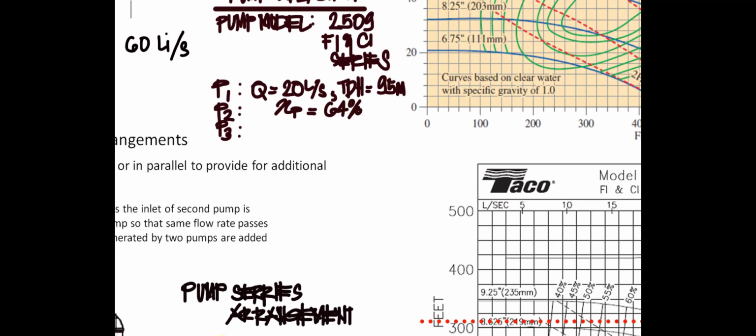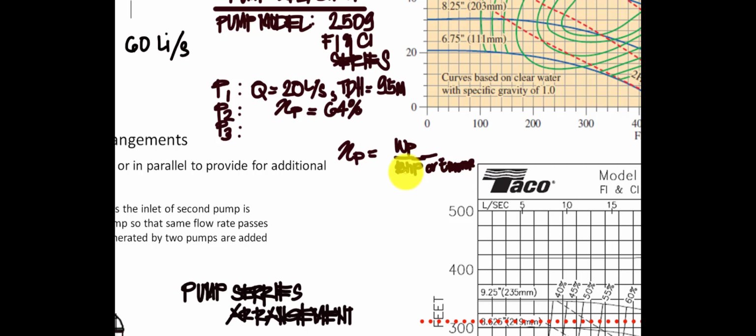If we try to compute the horsepower, the pump efficiency will be the water horsepower divided by the brake horsepower, or let's say the electric motor power.